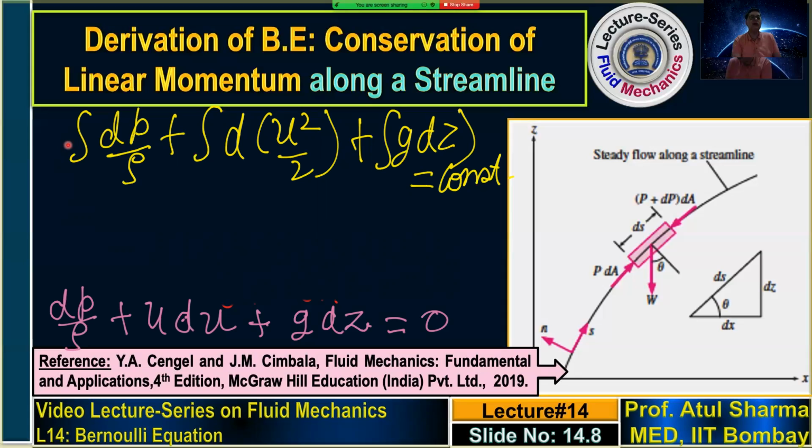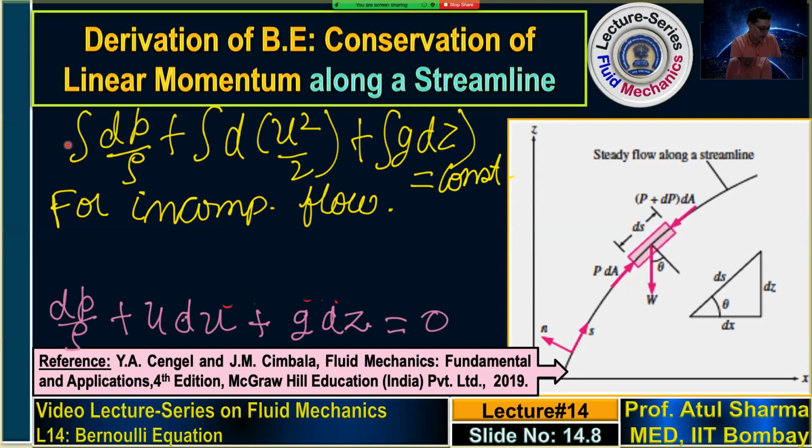However, in general, rho in a fluid mechanics problem can vary with space and time, which we call compressible flow. But for an incompressible flow, as the density is constant, you can integrate this.